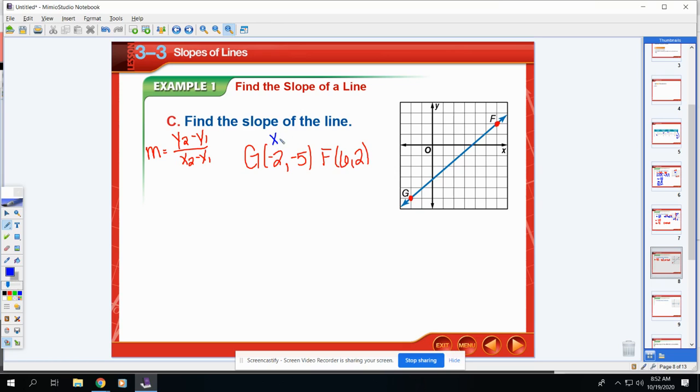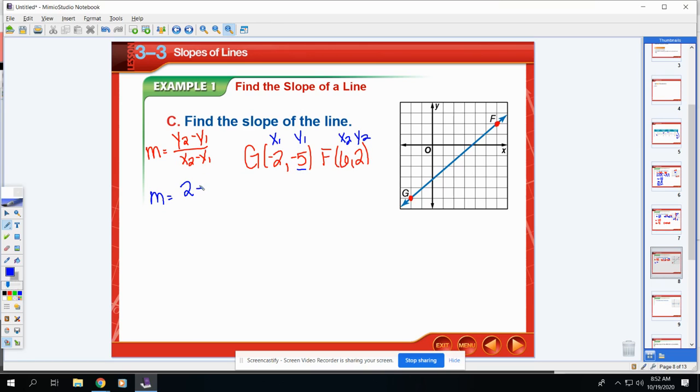Okay, so slope here. We have x1, y1, x2, y2. It's always the first thing we want to do after we write down our points. Now let's plug this into our formula. y2 minus y1 is going to be 2 minus a -5.